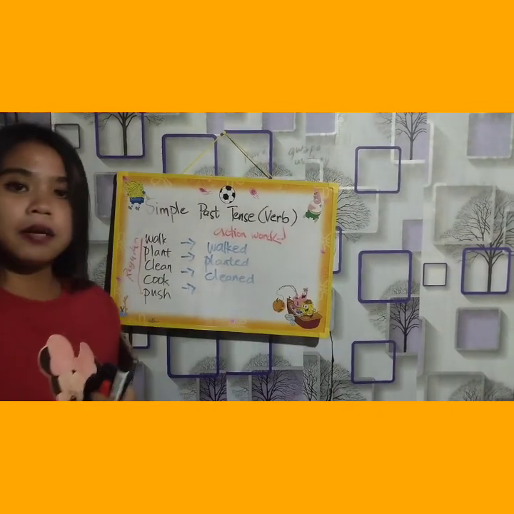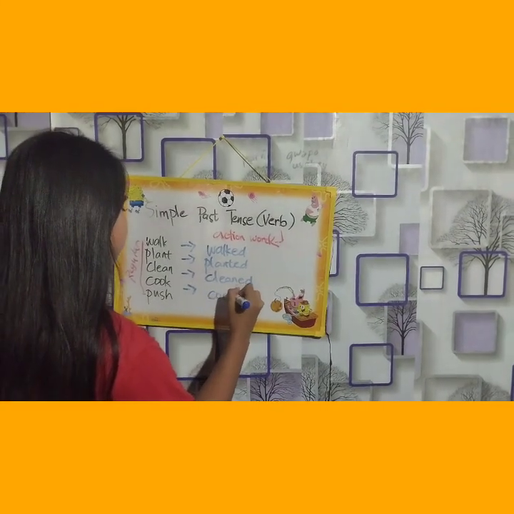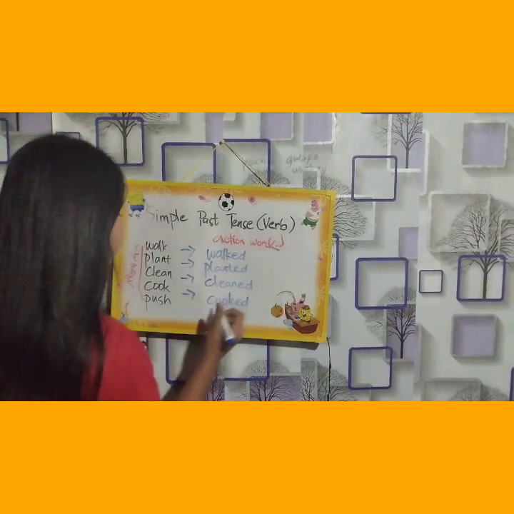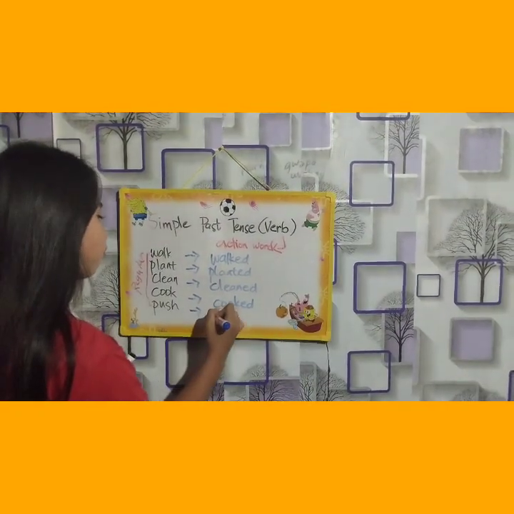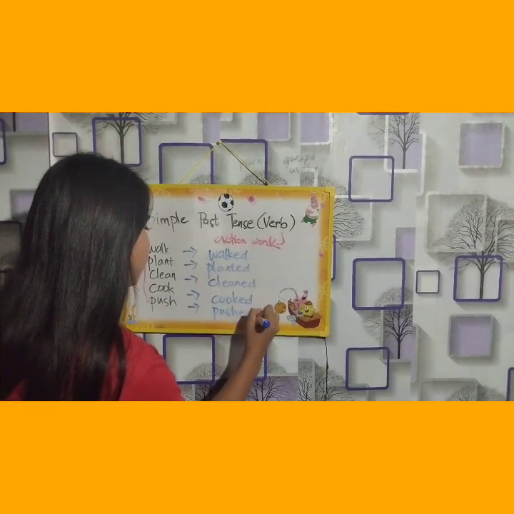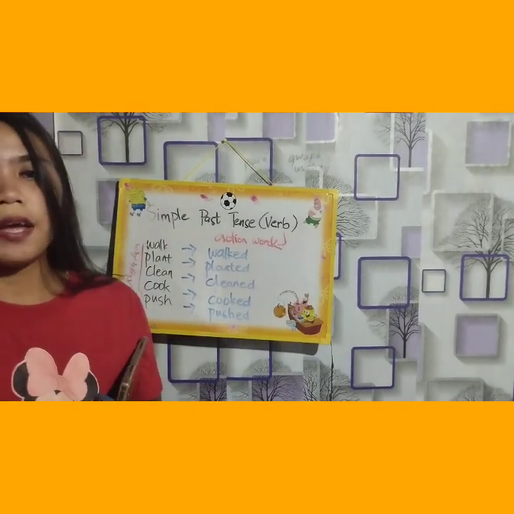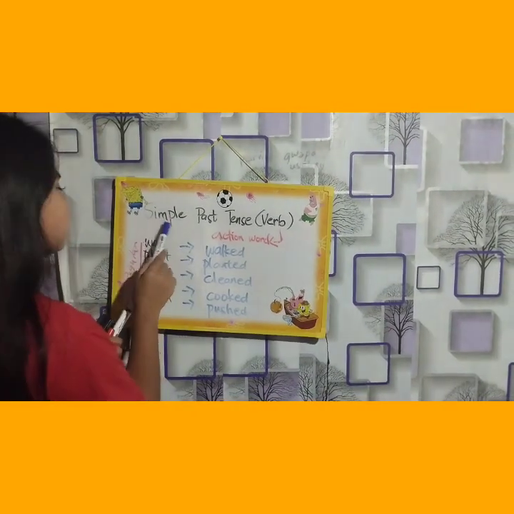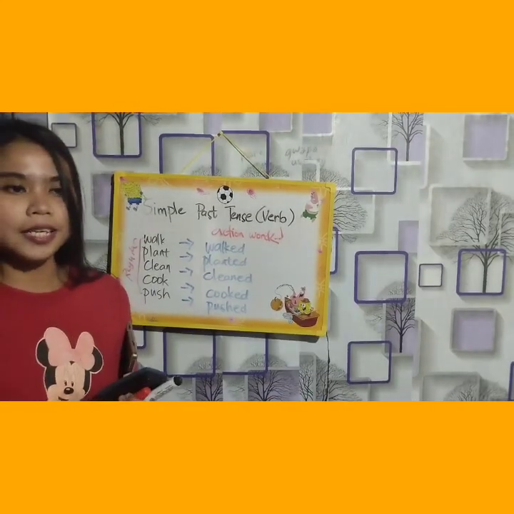This one will become cooked. The last one, this is pushed. That's very easy, right? It's easy to remember. Again, present tense of the verb plus d or ed.